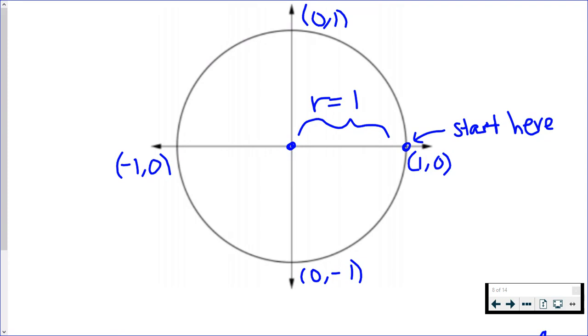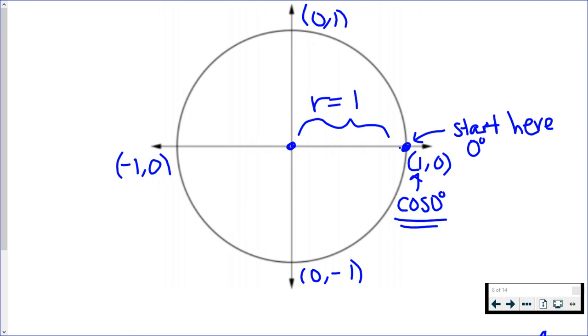Now, if cosine is the x value of your ordered pair and sine is the y value of your ordered pair, I'm going to talk about my starting point really quick. If this is my starting point and I don't go anywhere, that must be a 0-degree angle, so I haven't gone anywhere. So that means the cosine of 0 degrees is equal to 1.